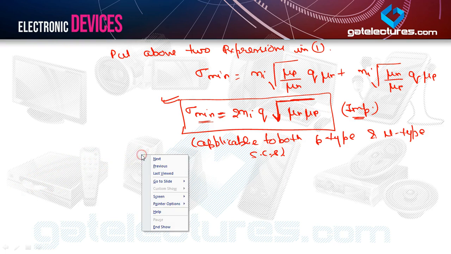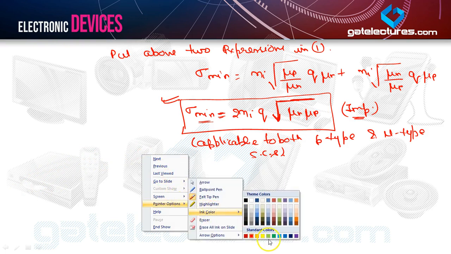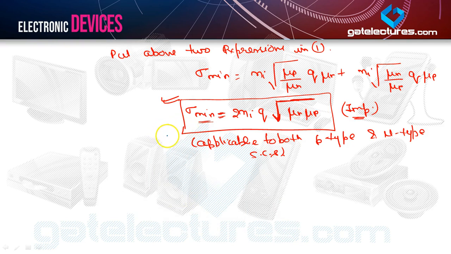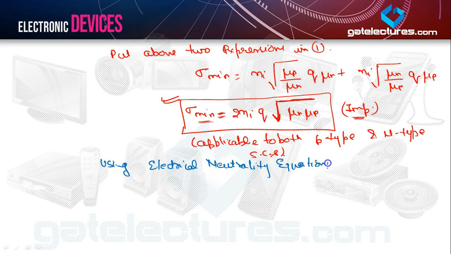Now let's have some more concepts linked to this. Let me use another pen so that it is clearer to understand. Now we can find the expressions for the donor impurity concentration or acceptor impurity concentration, using the electrical neutrality equation, or the law of electrical neutrality: Nd plus p is equal to Na plus n.